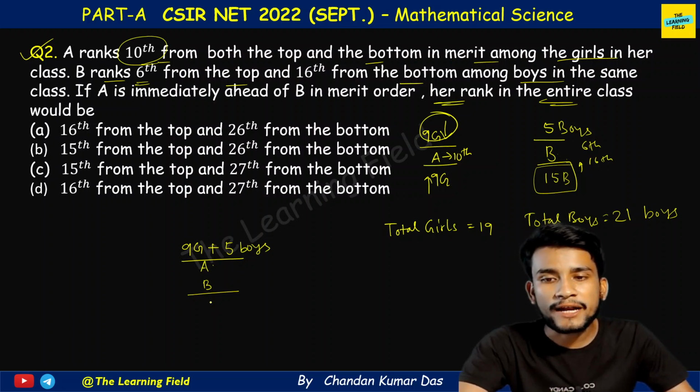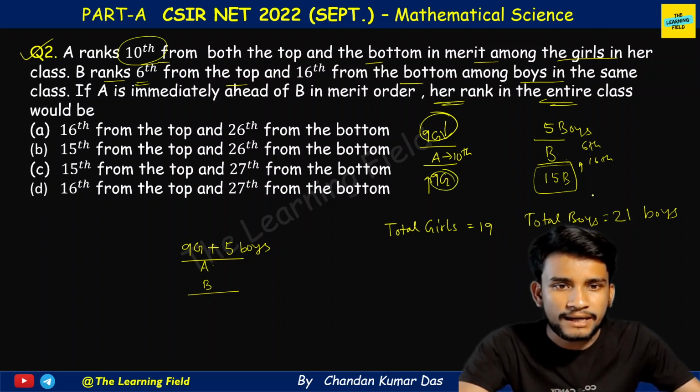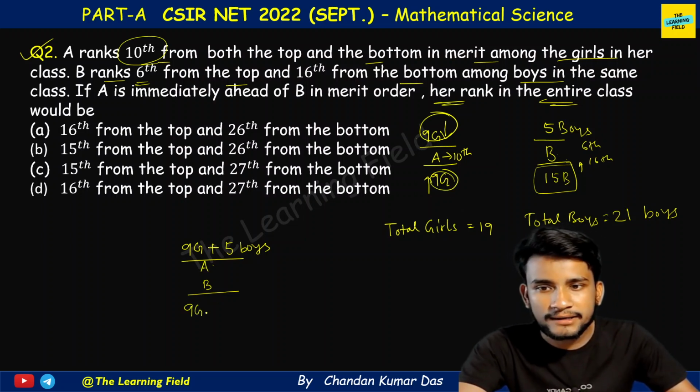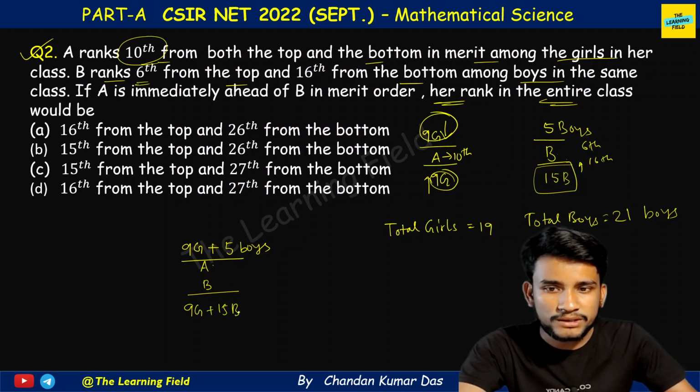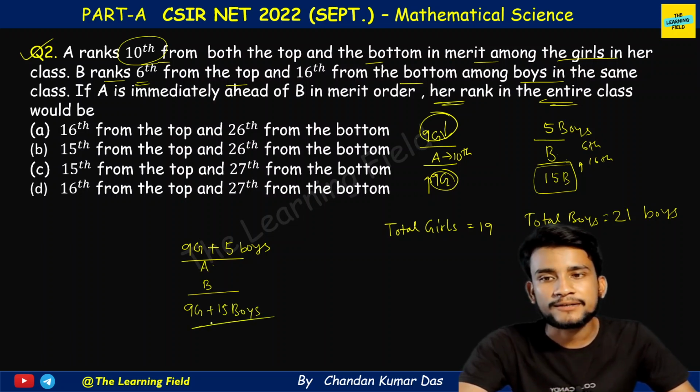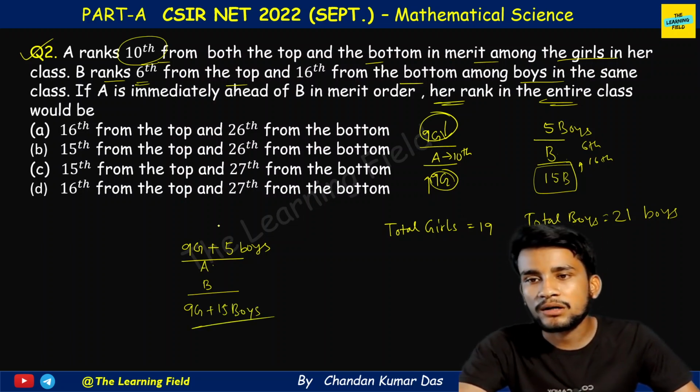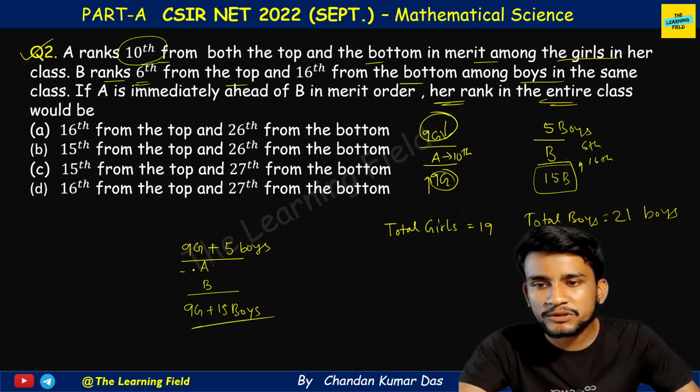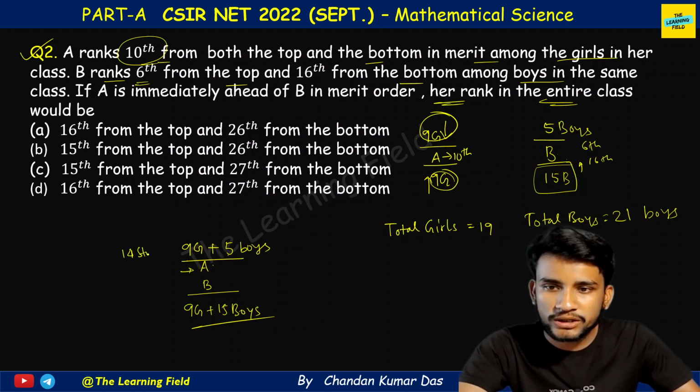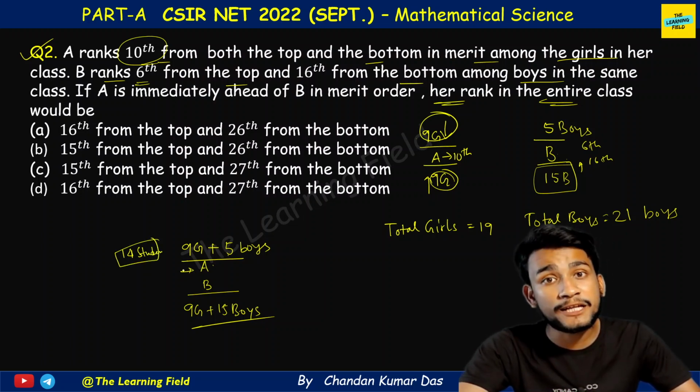After the rankings of A and B we have 9 girls plus 15 boys. Now we have to count the position of A from the top and from the bottom. From the top, 9 plus 5 is 14, so 14 students rank above A, that is, A is the 15th from the top.